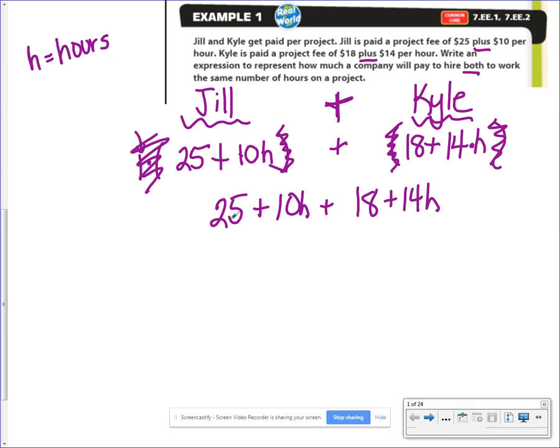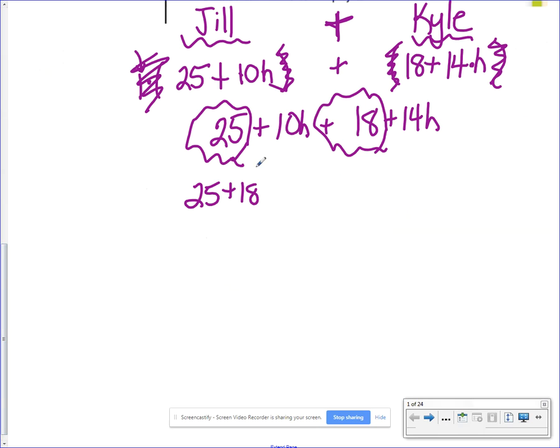And your job is to try to see, can you simplify? Well, if there's anything in common, we can. Look at this, 25. And then I'm adding an 18. I can rearrange the order thanks to the good old commutative property and rewrite this as 25 and 18. And then I'll put the 10H and the 14H back here.